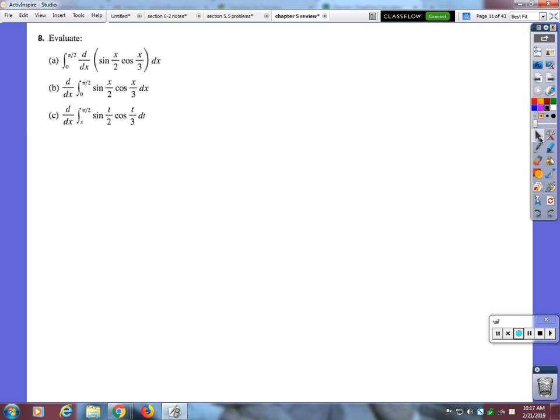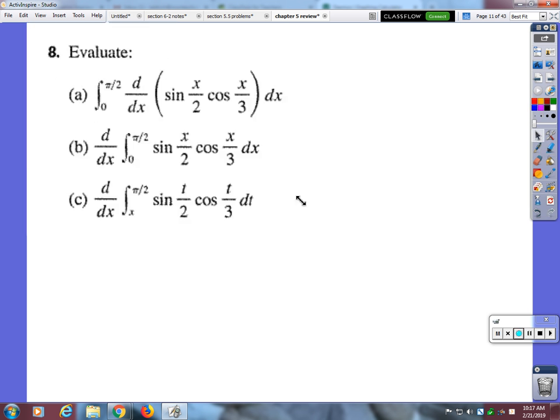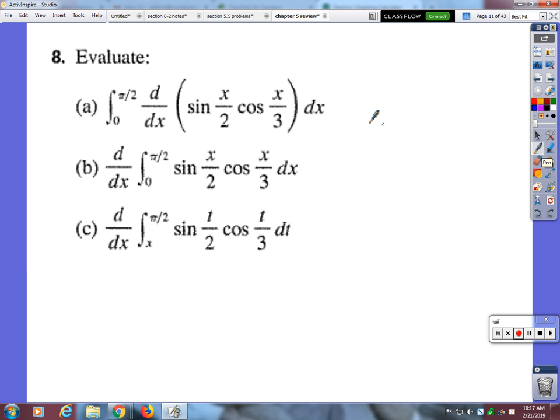You guys remember, I'm sure, that the derivative and the integral are inverses of each other. So if you take the integral of the derivative or the derivative of the integral, those two things cancel out. But this is a constant, so sine of pi over 4, cosine pi over 6.